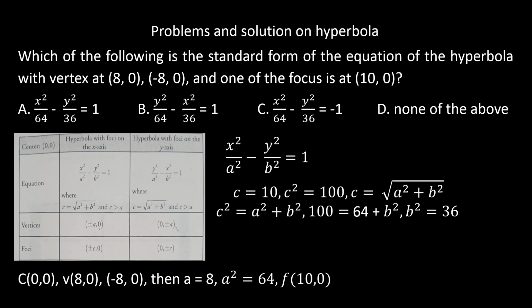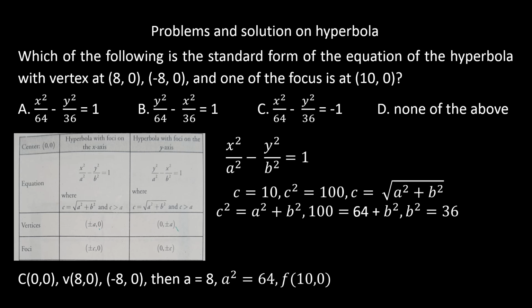Then we will use the formula for c to identify the value of b squared: c is equal to the square root of a squared plus b squared. Squaring both sides, c squared is equal to a squared plus b squared. Replacing c squared with 100 and a squared with 64, we transpose 64 to the left-hand side, becoming negative 64.